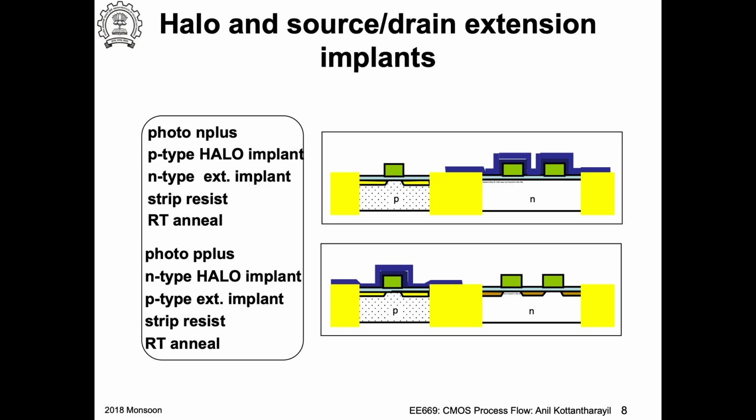This is why you sequence the process to take into account the differences in diffusion of arsenic and boron, which will influence the two types of transistors you're going to build on the wafer differently. So that's very important.